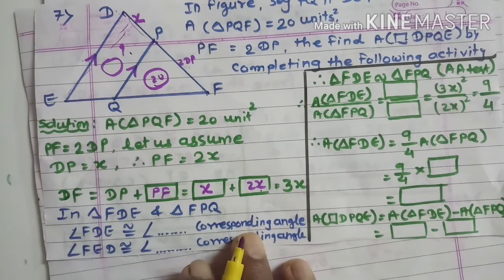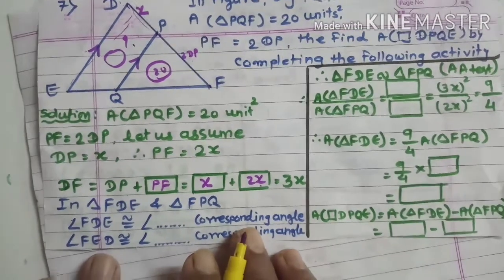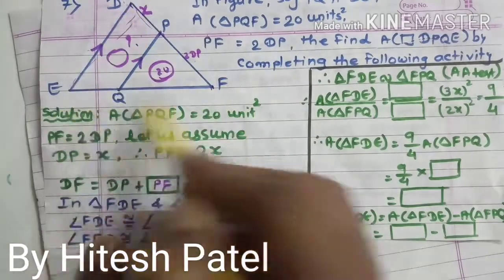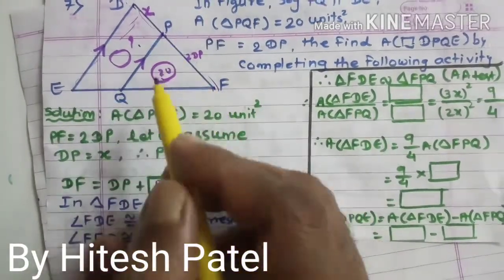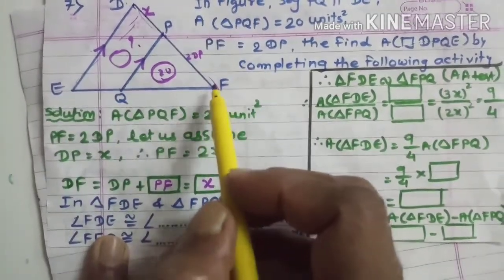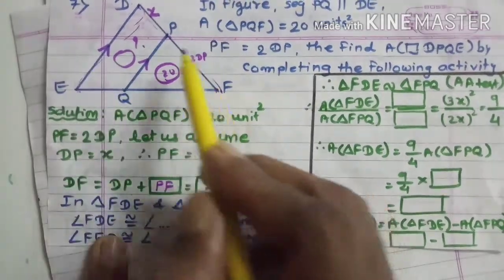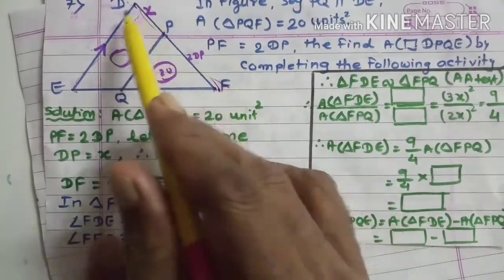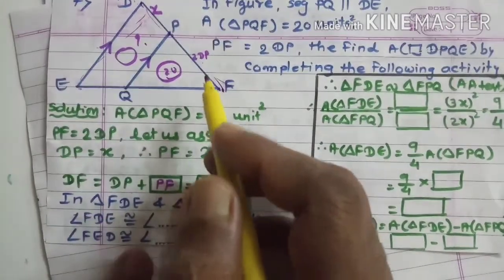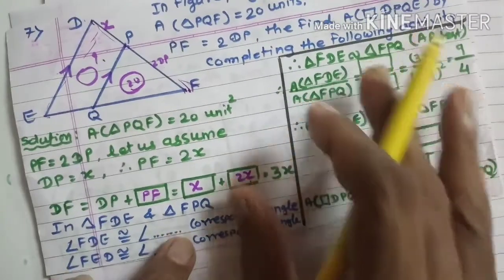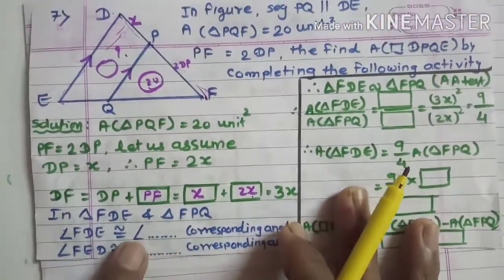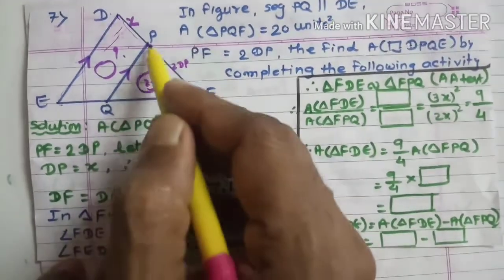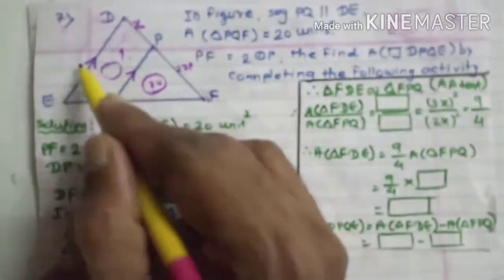Okay, now take two triangles, this one, the smaller one and bigger one. See, both triangles FDE bigger one and FPQ, both are similar. How do we know? The test of similarity, and the favorite test is AA test. Okay, so let's see how these two triangles are similar. See, PQ and DE both are parallel lines.